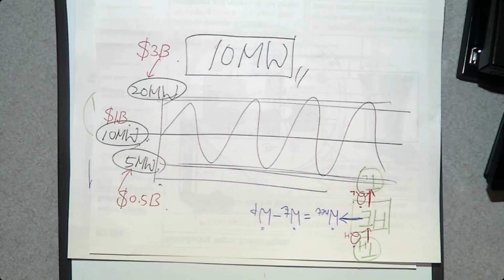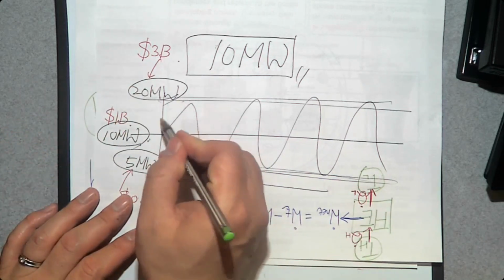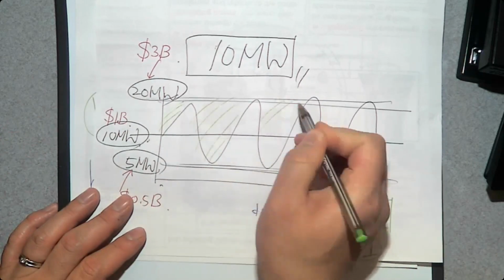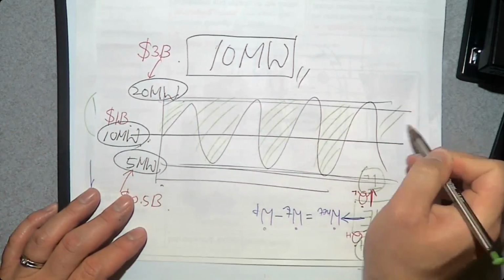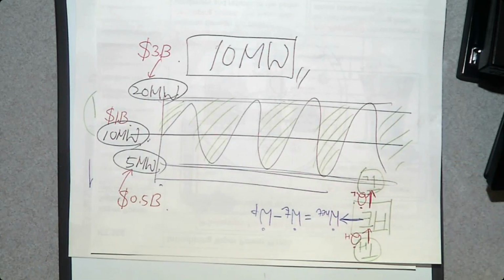So if you're going to spend $3 billion to build a 20 megawatt power plant, you can do so. But the problem is that if you build this one, you are actually losing this much electricity. But somebody needs to pay for this power plant company.